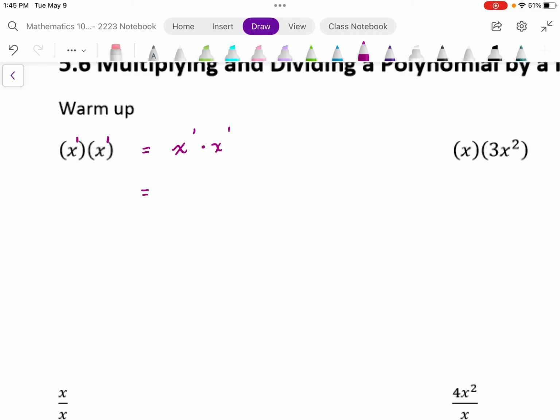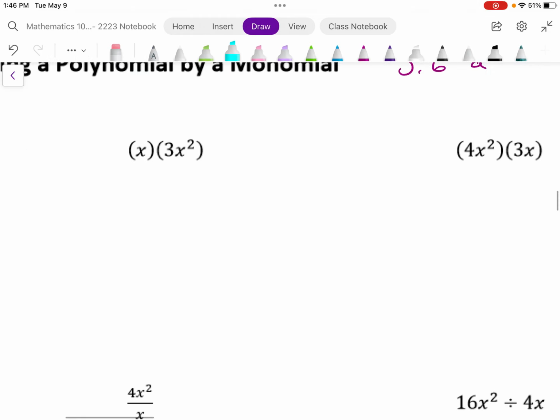And by definition, how do we say x times x? Well, we say that it's x to the power of 2, or x squared. So we may wish to recall the product of powers, in which, if you have the same base, you simply add the exponents.